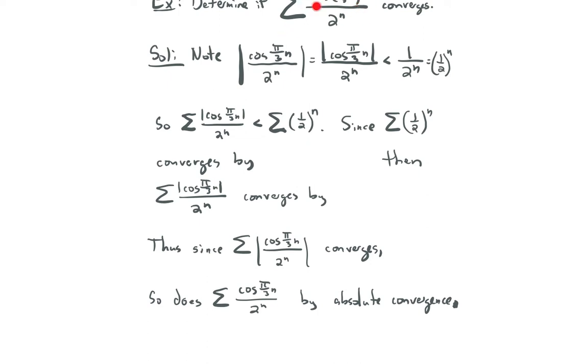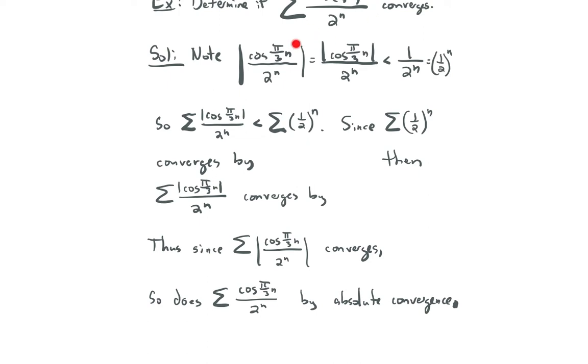Cosine is going to be positive and negative depending on what values of n we have in here. But if we think about this in terms of an absolute value, we don't really care what this is. We just care that it's smaller than 1. So that's what we're going to do. We're going to show that this series is absolutely convergent.